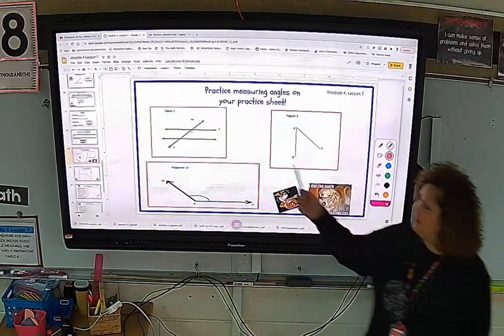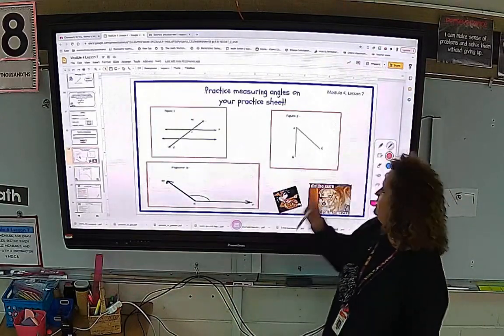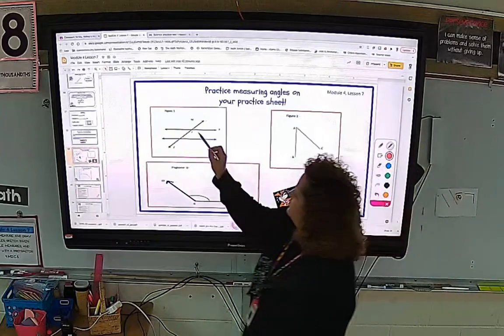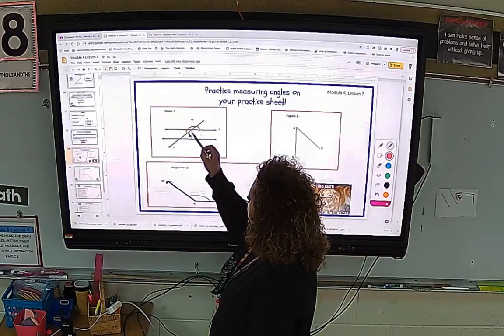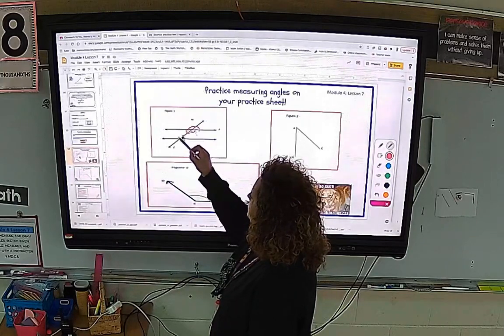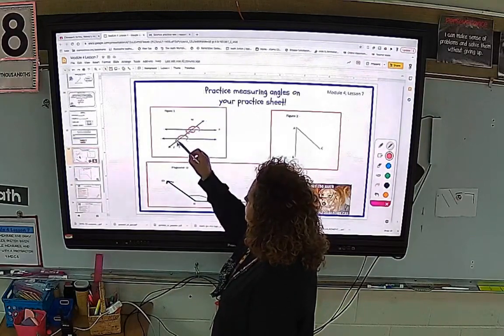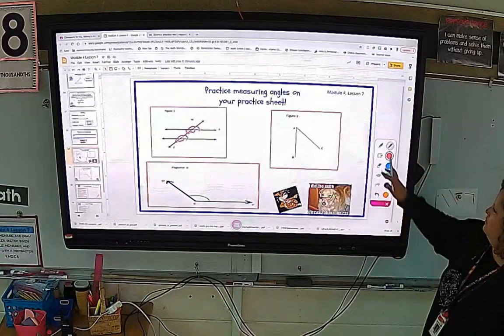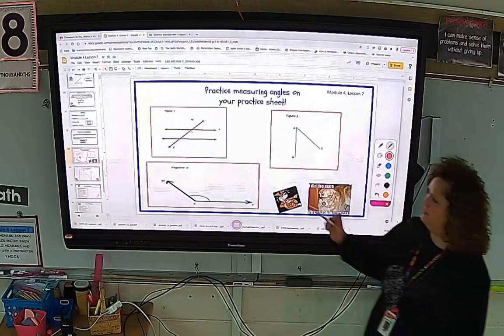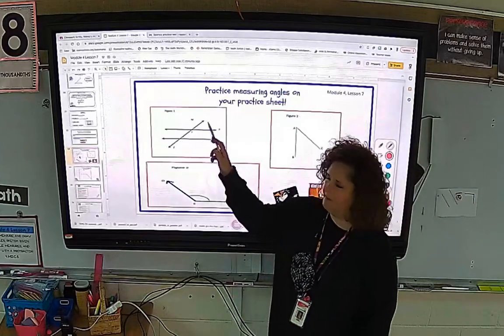Alright, so I told you to just pick two of these angles because look, you've got an angle here, here, down underneath, here, here, and here. There were 8 to pick from. Did anybody go with this obtuse angle right up here on the top?